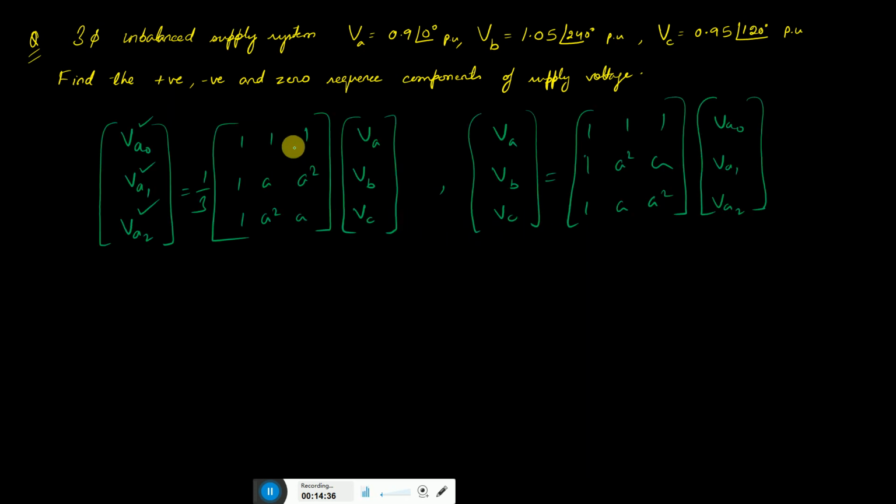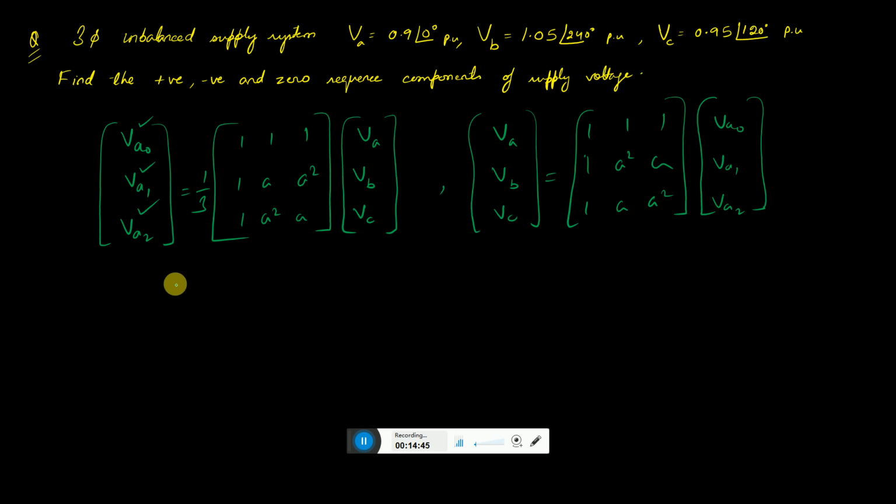Coming to our problem, if we put the values of VA, VB, VC here, we can evaluate. I would like to write all of this here. VA0 is 1/3 times VA, that is 0.9 angle 0 degree, plus VB 1.05 angle 240, plus VC 0.95 angle 120.